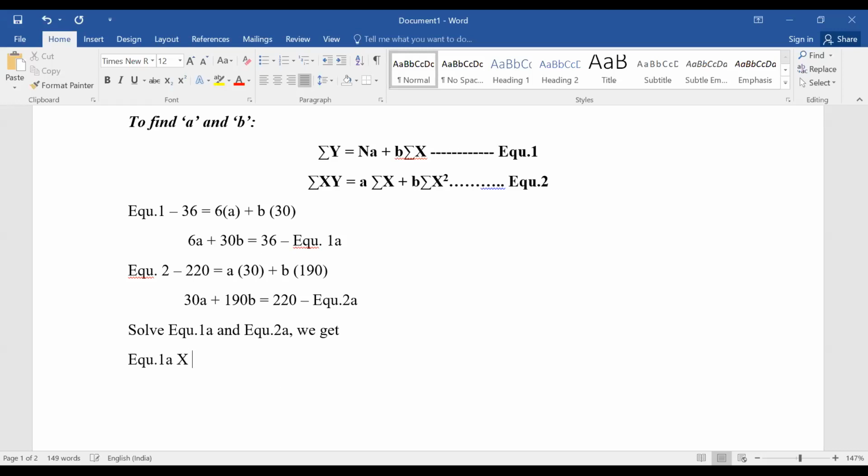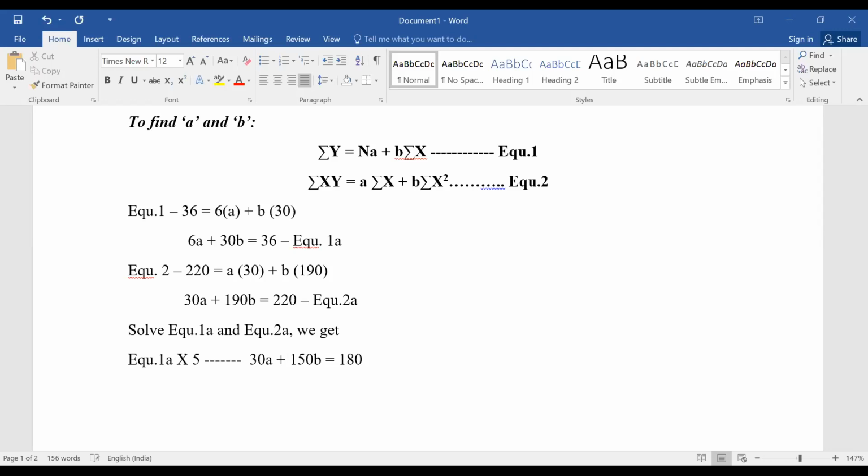Multiply with 5, so that you get 5 into 6, 30a, plus 150b, equal to 180.